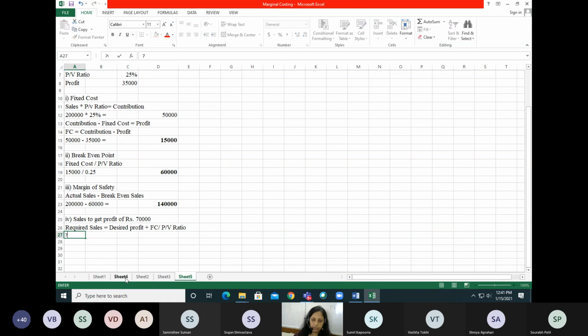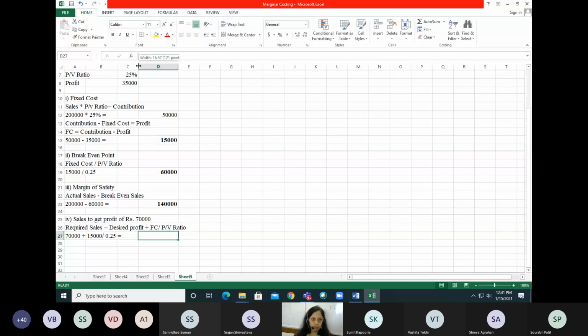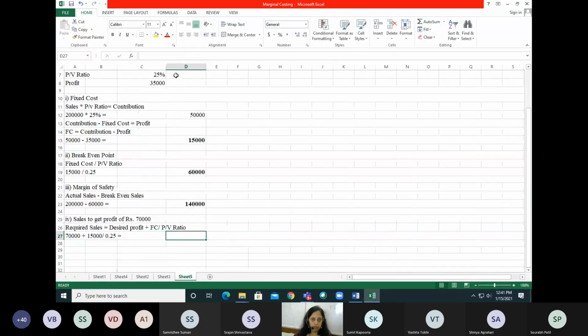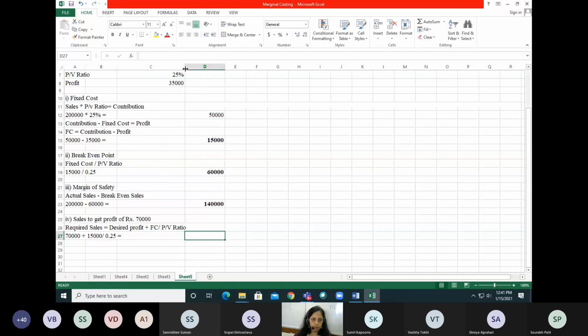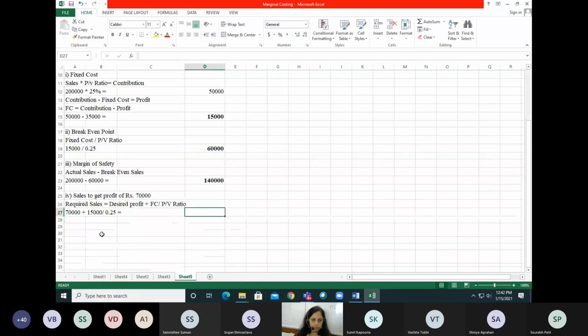Desired profit is 70,000 plus fixed cost is 15,000 divided by PV ratio 0.25.